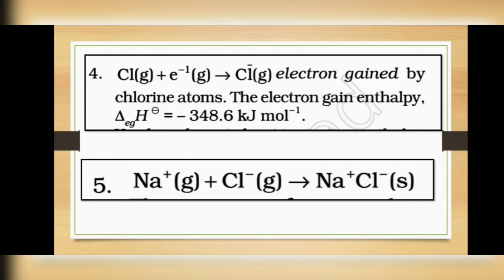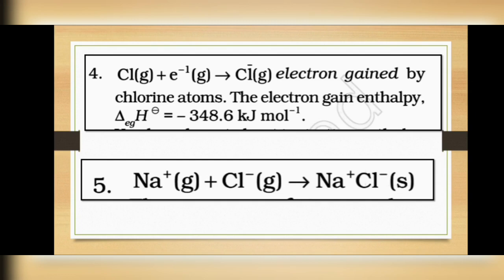You have to combine both and you will get Na plus Cl minus. That is actually bond formation. The enthalpy change for formation of the compound is given as minus 411.2 kilojoules per mole.